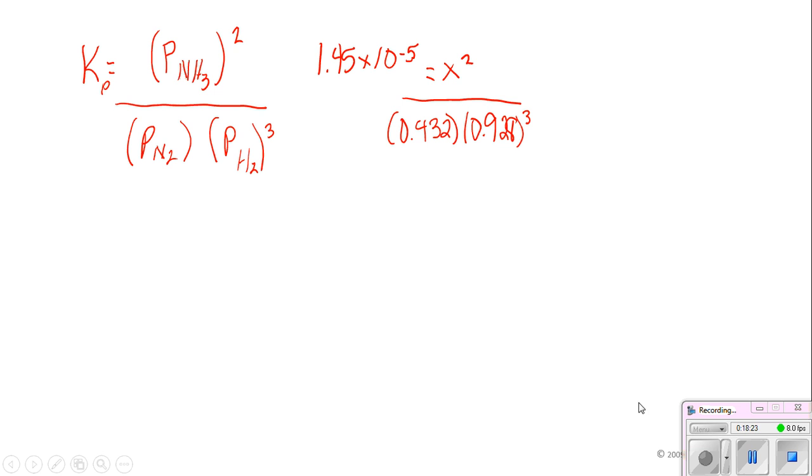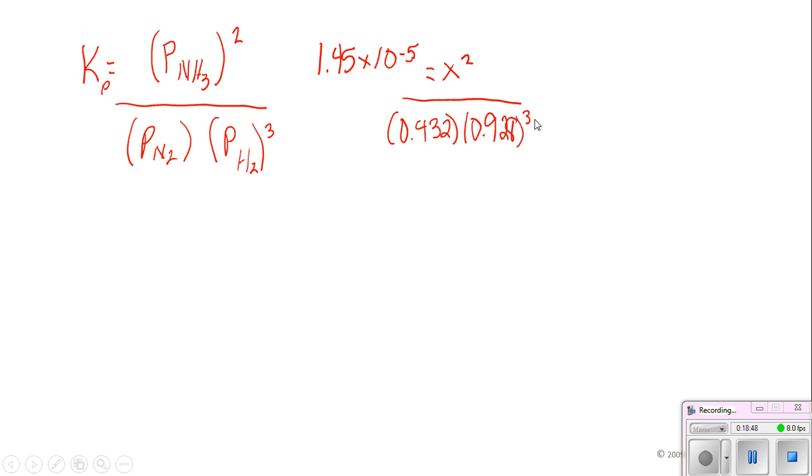Okay, so our Kp is 1.45 times 10 to the negative fifth equals NH3. We were not given the partial pressure, so that's what we're solving for, squared over the pressure of N2, which is 0.432, times the pressure of H2, which is 0.928 cubed.